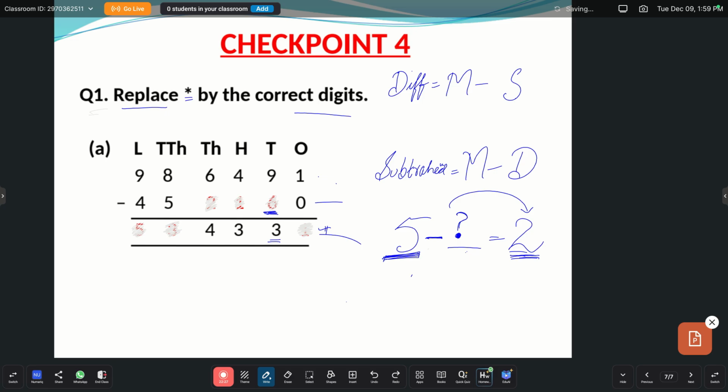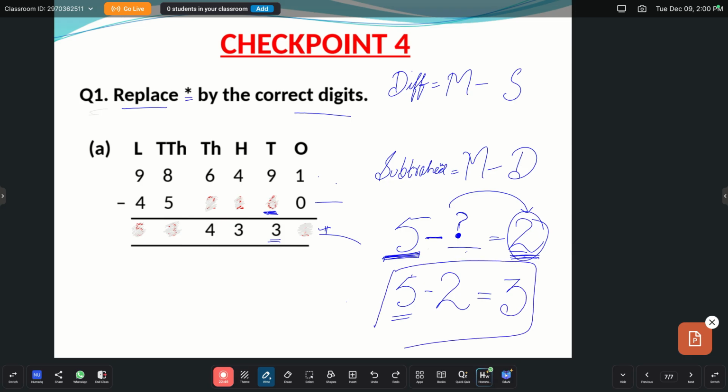You will think like this: I was having 5 apples and now I am left with 2 apples. If I subtract the leftover apples from the total number of apples, I will get the number of apples that are taken away.